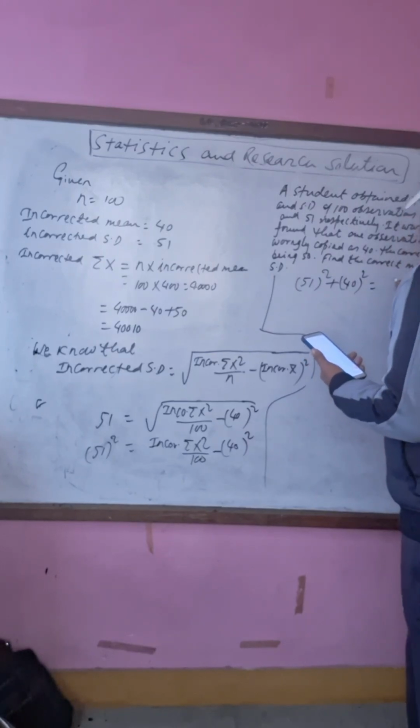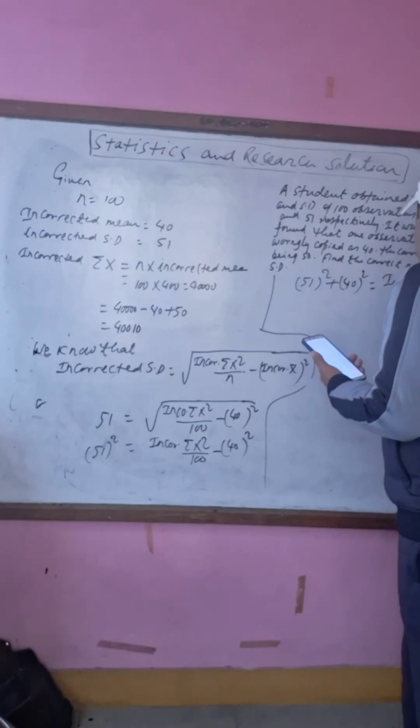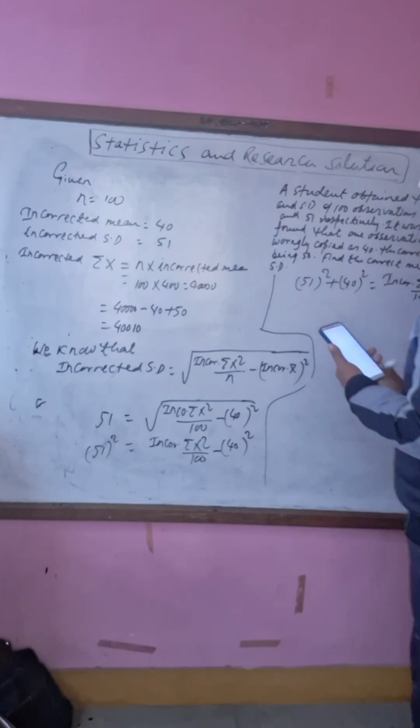And here, incorrect summation x square upon 100.